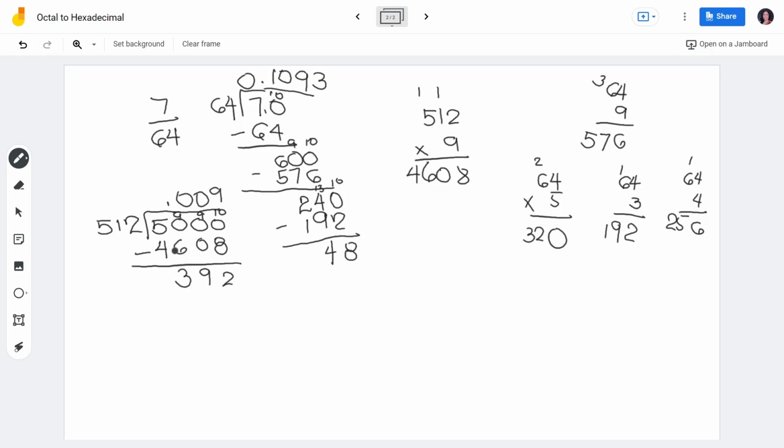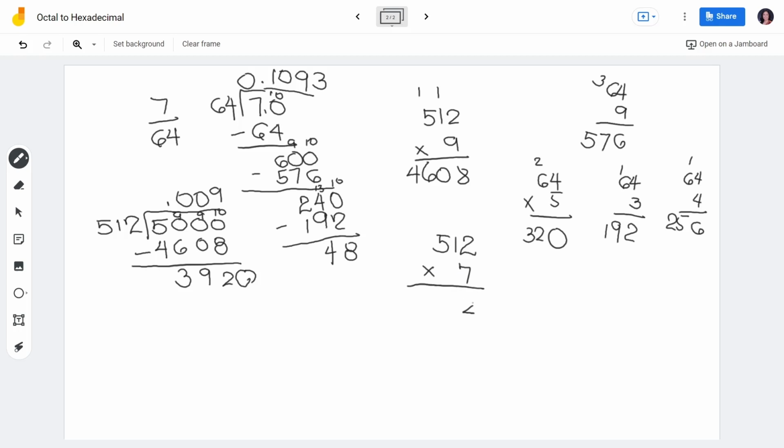Okay, so next we have 392. Put 0. How many 512 are there? Let's try 512 times 7.